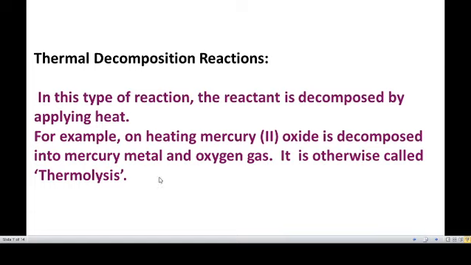It is otherwise called a thermolysis reaction.